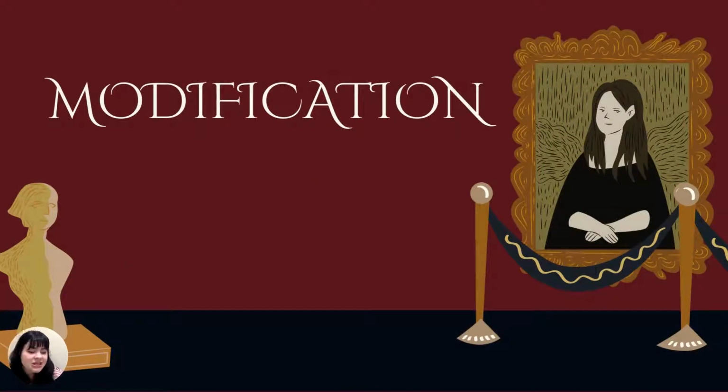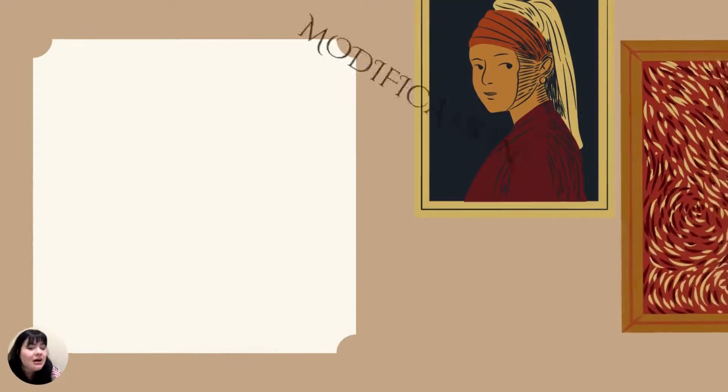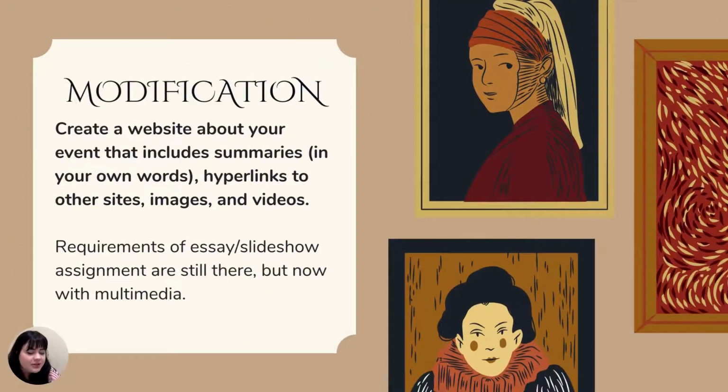With modification, we've got hints of the basic assignment still there, but technology is being used more and more. So at this level, for example, you can instruct students to create a website about their event that includes summaries in their own words. So there's text there. They can include hyperlinks to other sites and multimedia like images and videos.